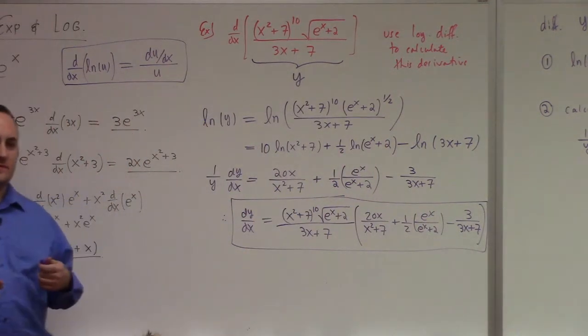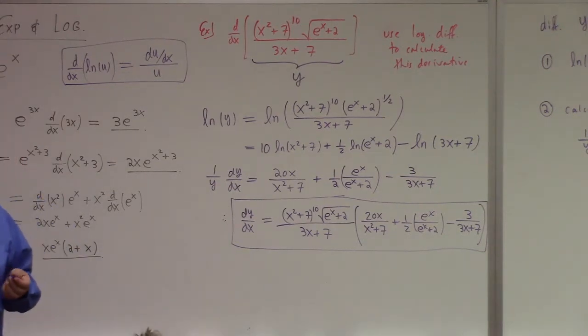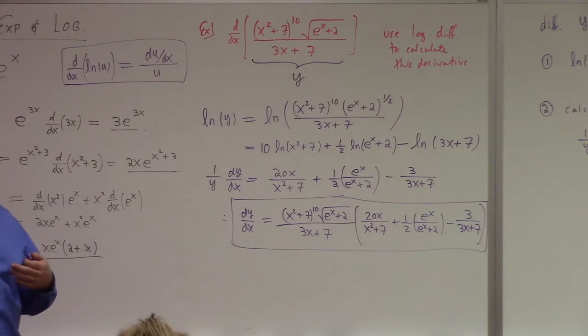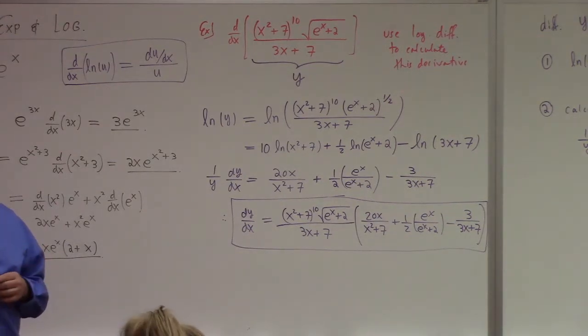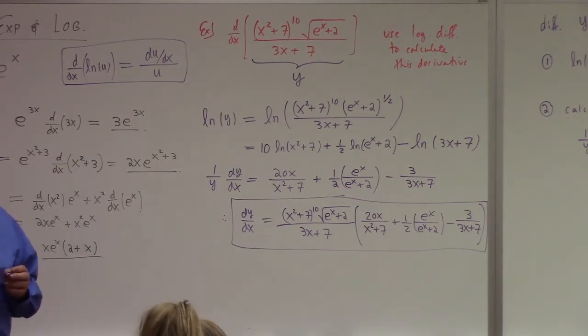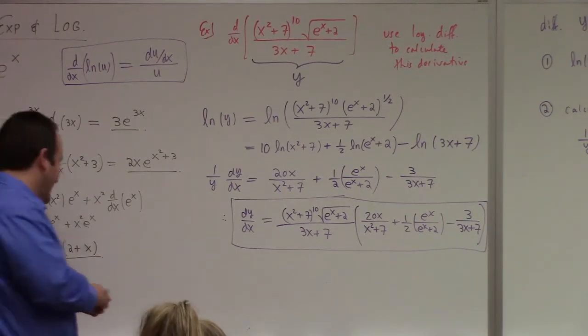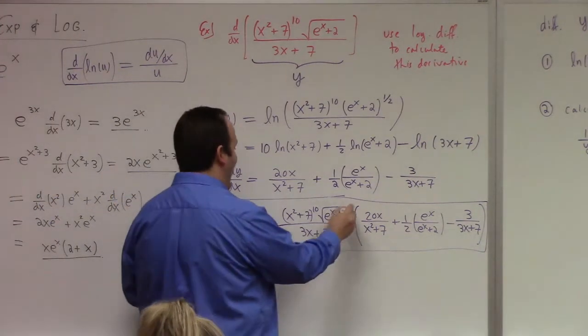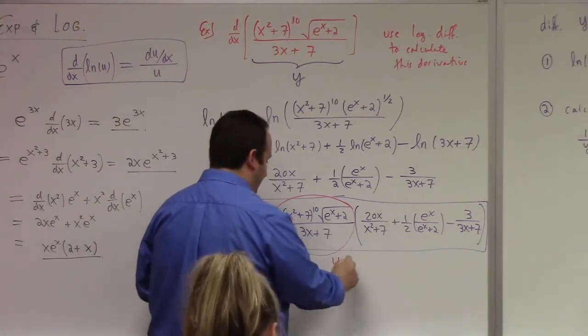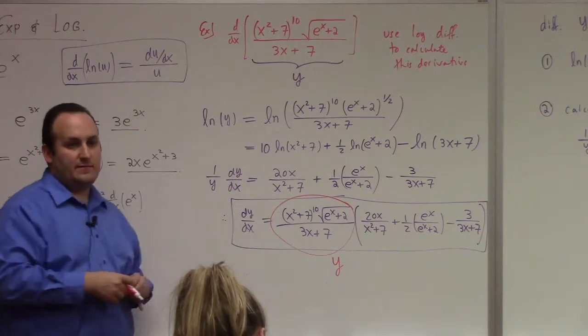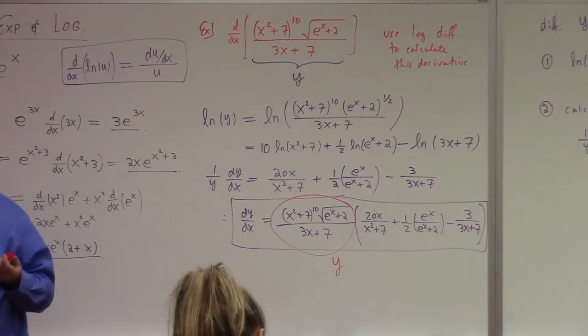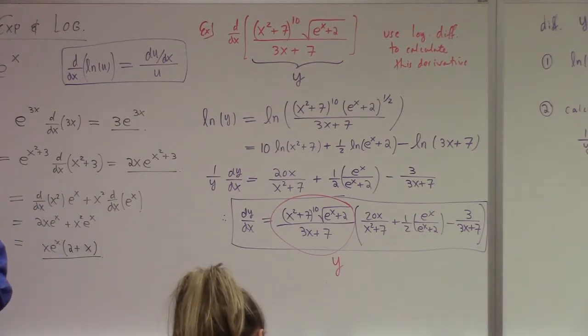Now sometimes, because I'm such a nice guy, in the instructions to such a problem, I will write a little caveat. I will say, by the way, you can leave your answer in terms of y, if you like. Now, why would that be nice? Right, instead of writing this, I can just write y here. And so that makes the problem a little bit easier in terms of the writing.